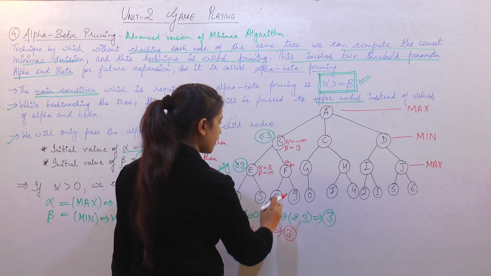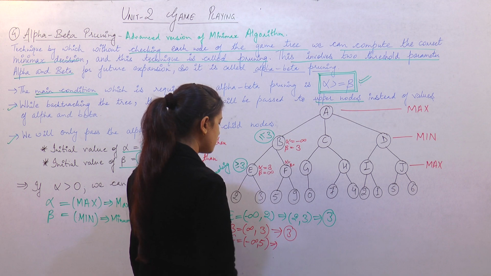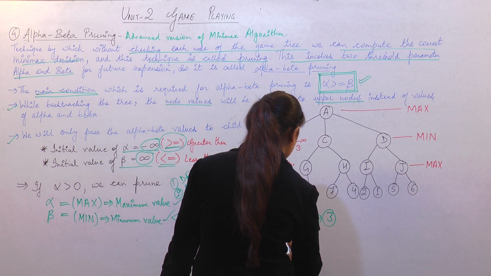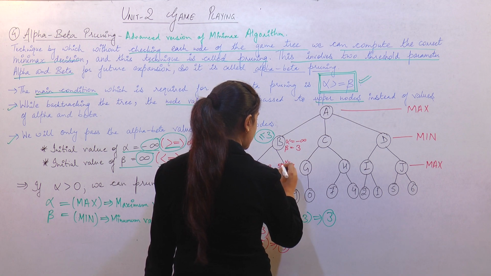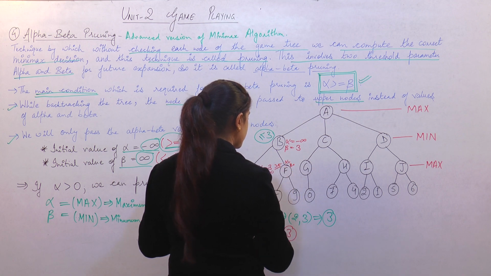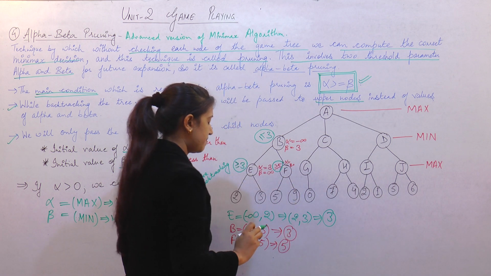Then we will compare minus infinite with 5. So the value greater will be 5. So 5 will be the value of node F with the greater than symbol. So node F will have the value greater than equals to 5.